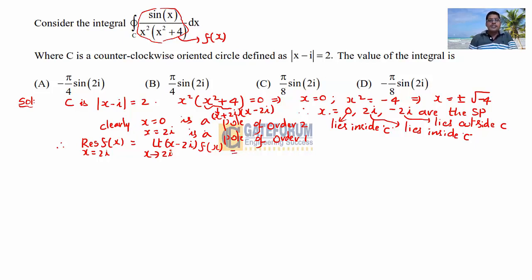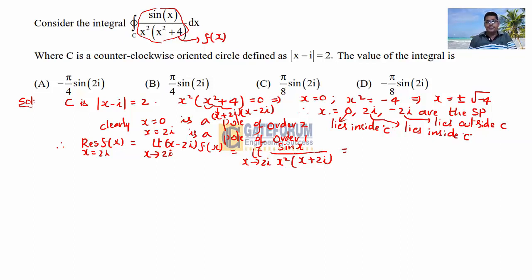So in this f of x, x square plus 4 in the denominator is already factorized as x plus 2i into x minus 2i. This denominator x minus 2i cancels with the factor x minus 2i. You will be getting limit x tends to 2i of sin x upon x square into x plus 2i. By the limits procedure, this is not an indeterminate form.